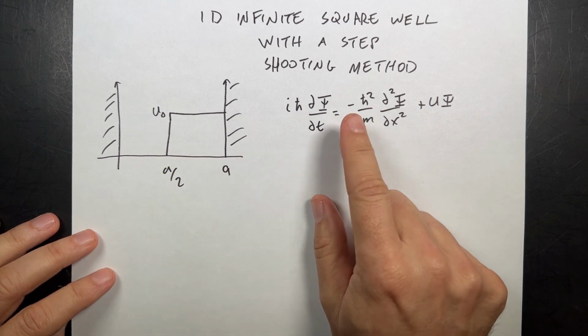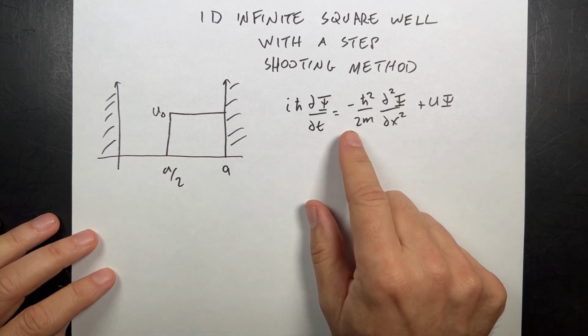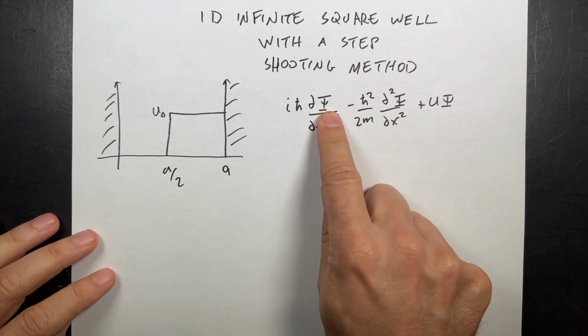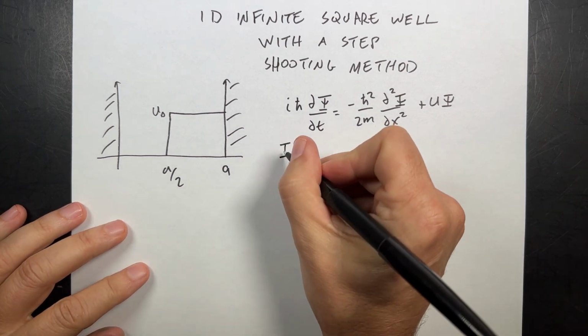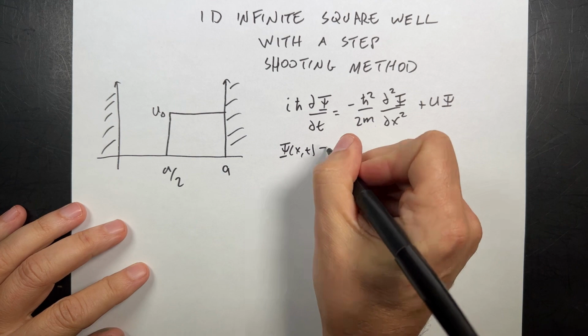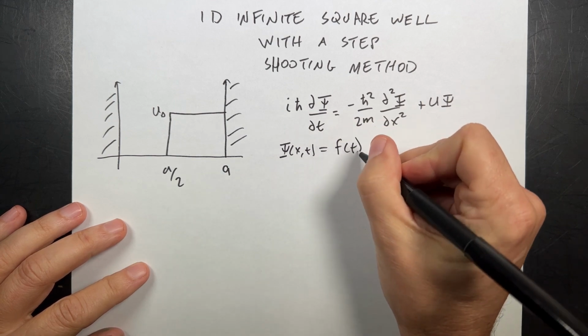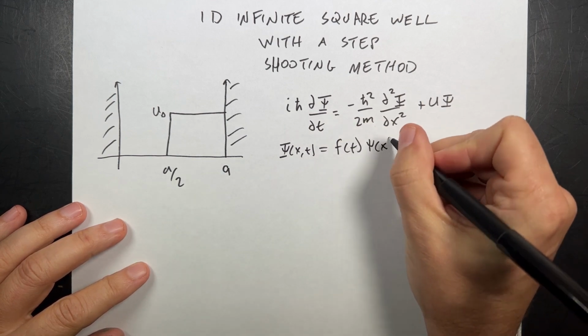I want to go right back to the original time-dependent Schrodinger equation, where psi is a function of time and position. And remember what we did, right? We assumed that psi as a function of x and time can be written as f as a function of time multiplied by psi as a function of x.